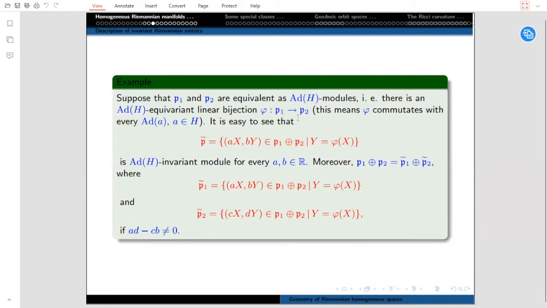It's a linear bijection which commutes with every Ad A when A is from H. It's easy to see that this construction, P tilde, which contains the elements of this kind, aX plus bY from P1 plus P2, where Y is phi of X, is an H-invariant module for every real a, b.